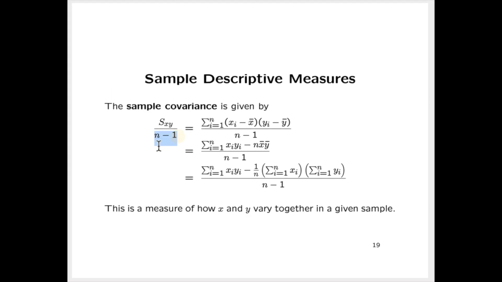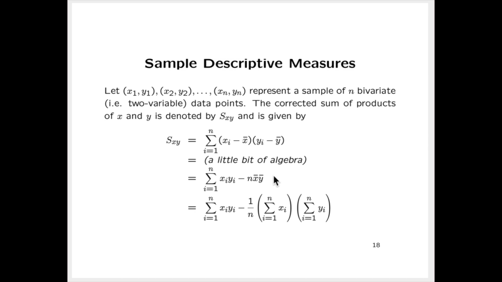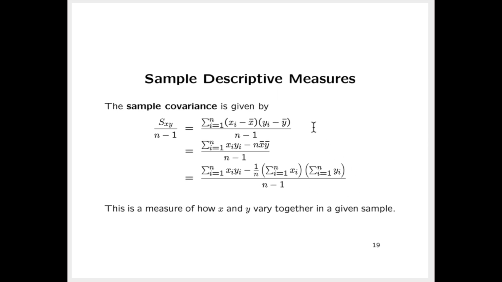Instead of dividing by n, the reason for dividing by n minus 1 here is the same as for the sample variance. We won't really get into that right now. Anyway, this is how we would calculate the sample covariance. Corresponding to each of these representations for the corrected sum of products, we have a corresponding formula for the sample covariance.